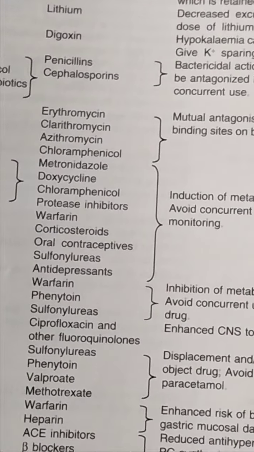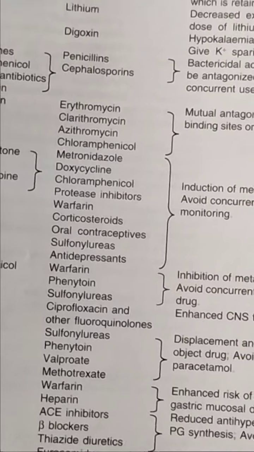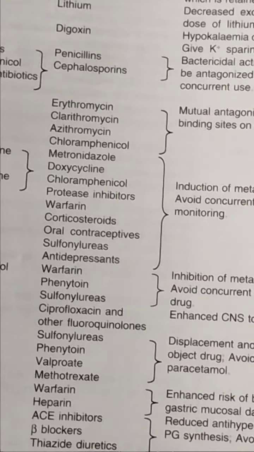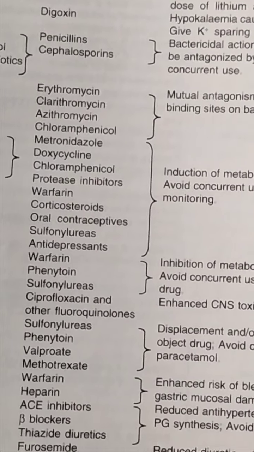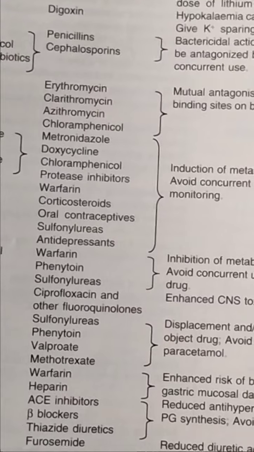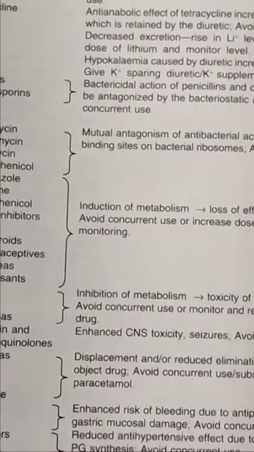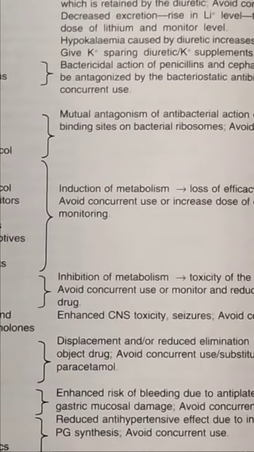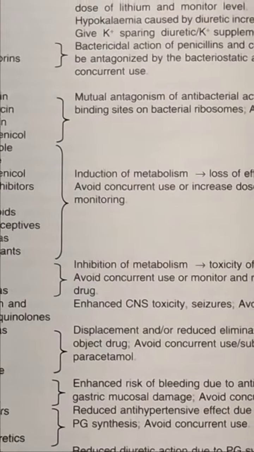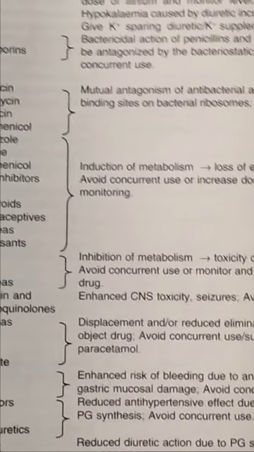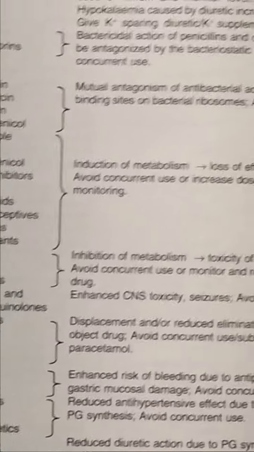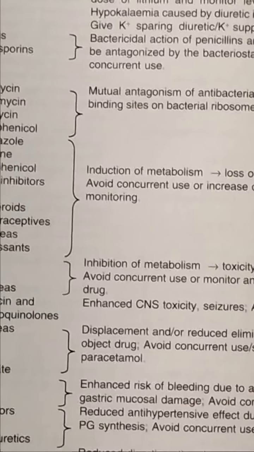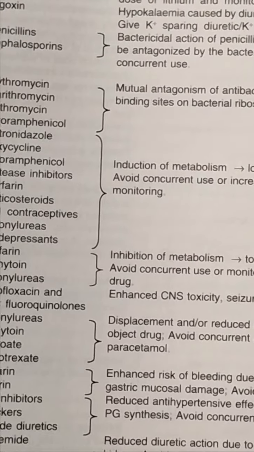TCAs with adrenaline cause potentiation. Promethazine, diazepam, alcohol: additive CNS depression, so avoid concurrent use. Cimetidine and diazepam inhibit metabolism and cause CNS depression. Sildenafil and nitrates cause marked potentiation.